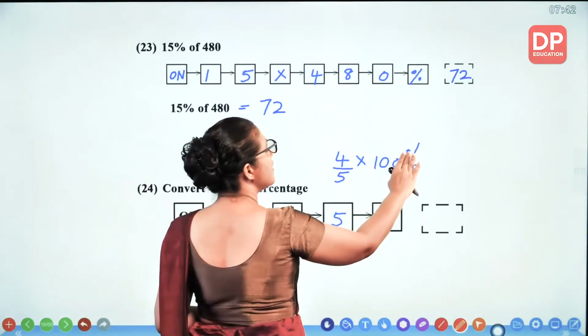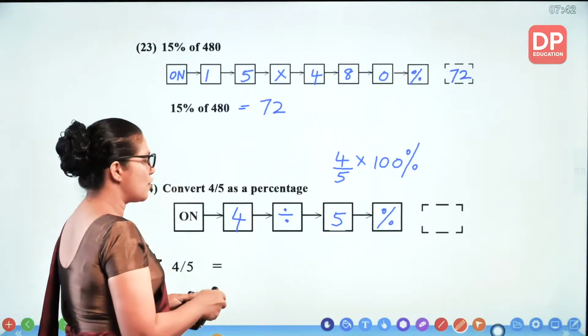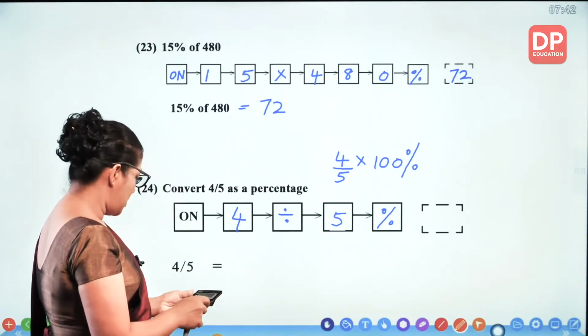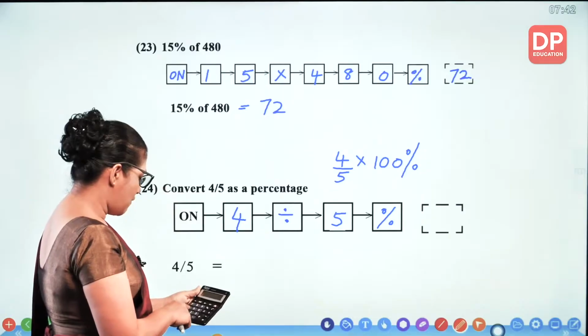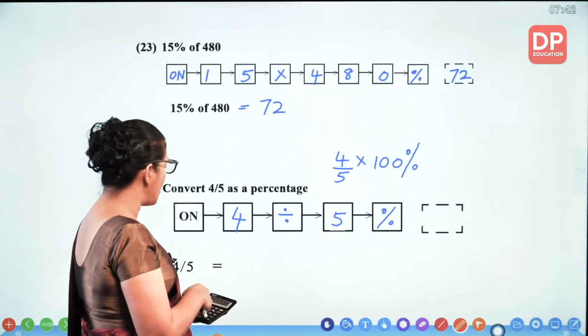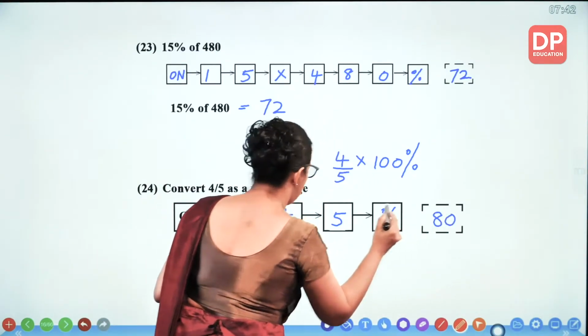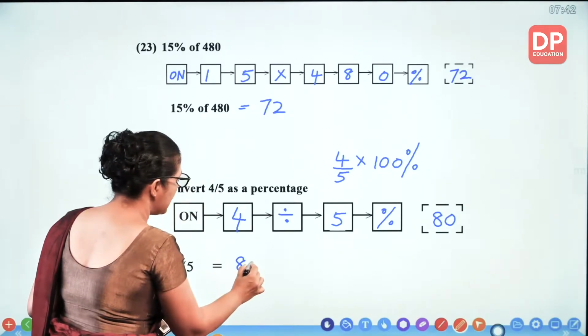This is multiply by 100 and divide by 100, so you get the percentage value. 4 divided by 5 and press the percentage sign, you get 80%. So 4/5 means 80%.